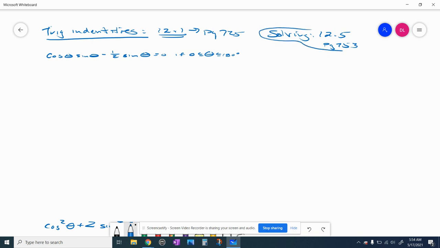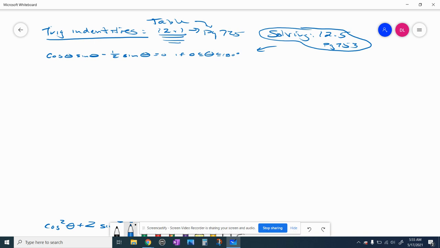So we've got the solving equations, which is where these come from. And then to solve these equations, we need to have the table. There's a table on page 725, which is section 12.1 for our trig identities.